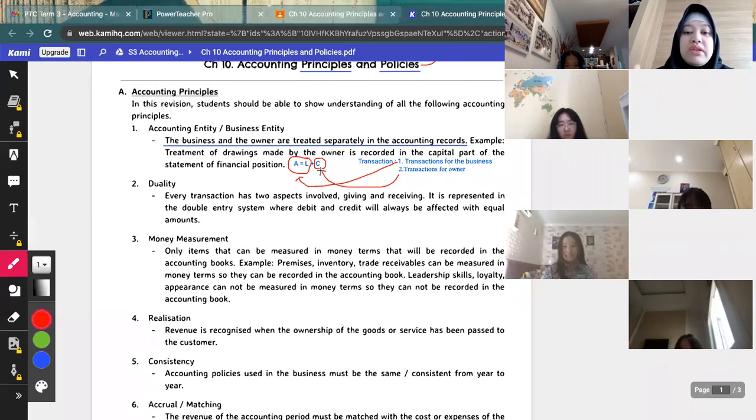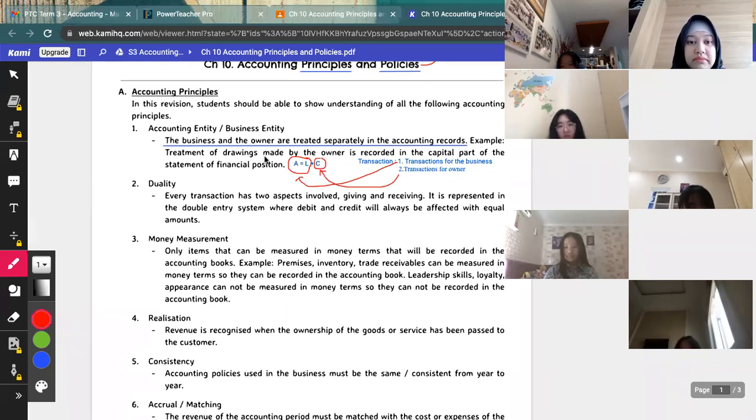Once again, it will be affecting capital, and the asset is a collateral effect. For example, the owner took goods from the business, so assets will decrease, and the other one will be capital decreased.